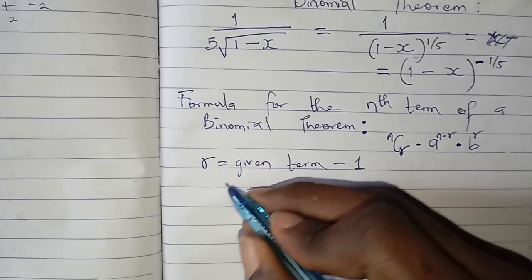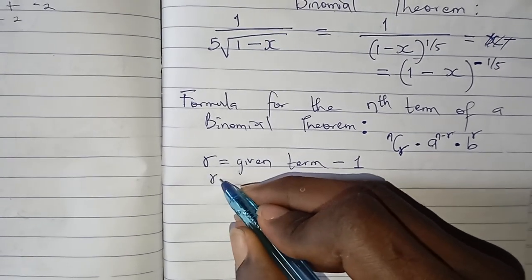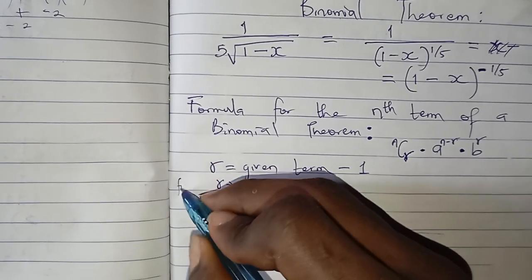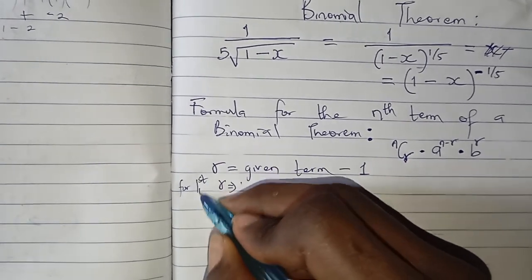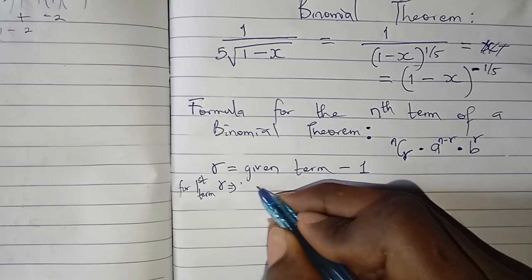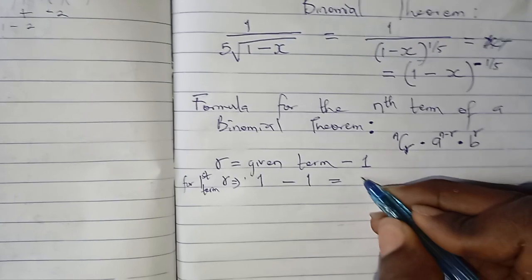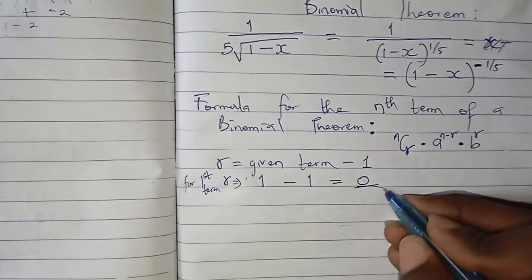If they tell me to find the second term, r will simply be equal to the given term minus 1. For first term, r will be equal to 1 minus 1, so r is 0 for first term.